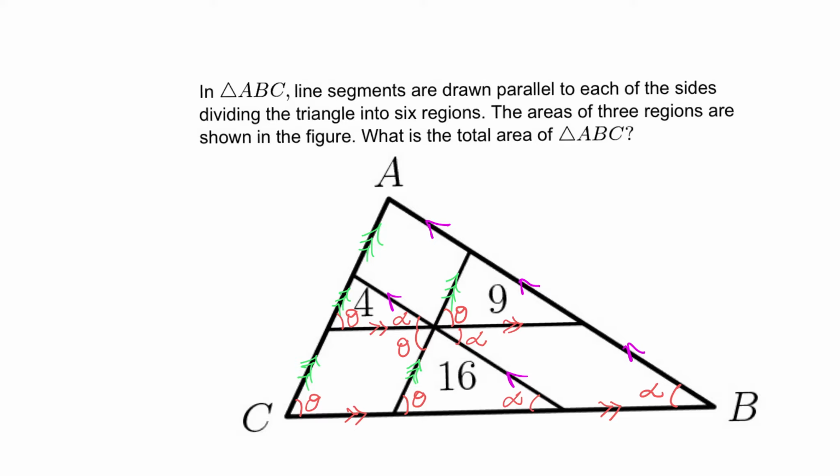So if the areas are in the ratio 4, 9 and 16, the corresponding sides will be in the ratio of 2:3:4. So for theta and alpha, which are corresponding sides, now we have one alpha here which I haven't written because we have corresponding angles. Now the sides will be in the ratio of 2:3:4.